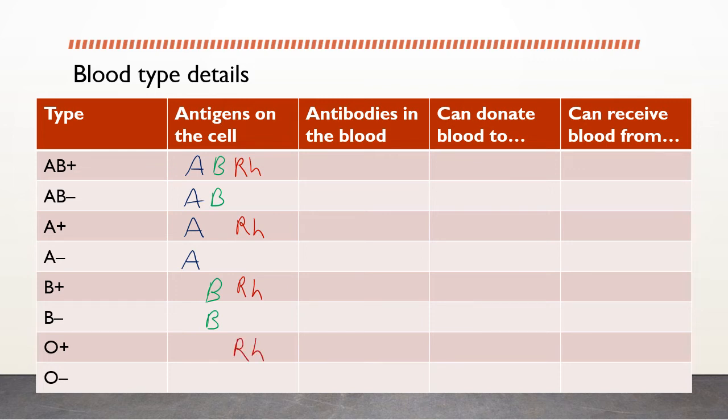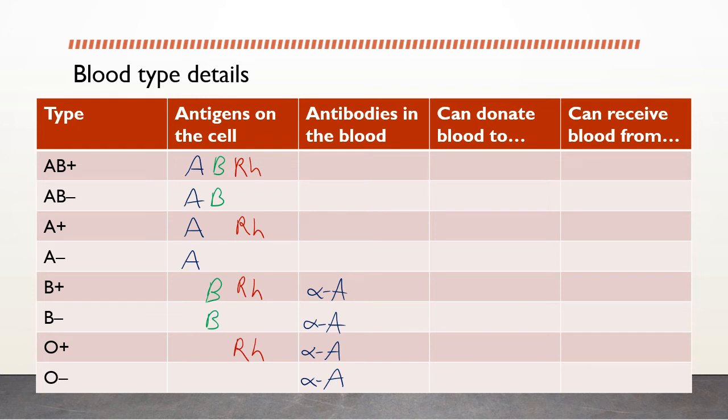Okay, so now we know what antigens are present on the cell. What antibodies are present in the blood? Well, if you don't have the antigen, you'll make the antibody. So nobody in the top 4 makes anti-A, but we'll see anti-A here in the lower 4, in the type B and type O patients.